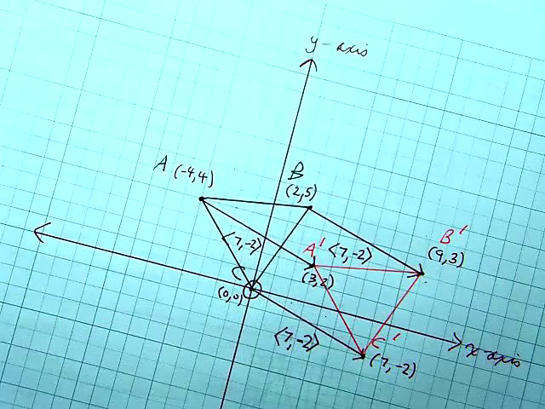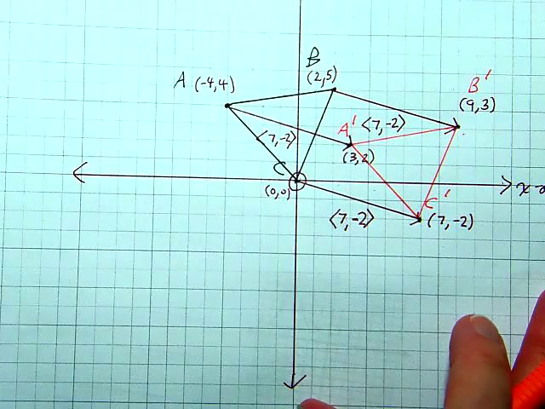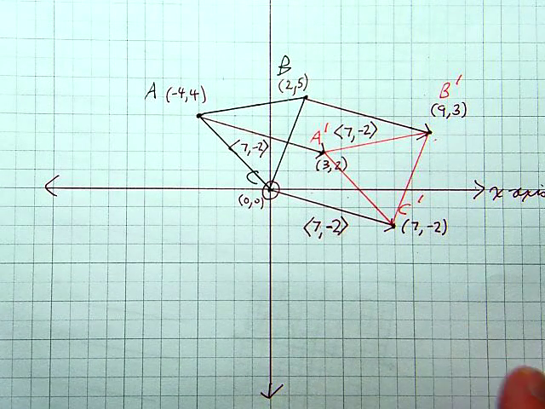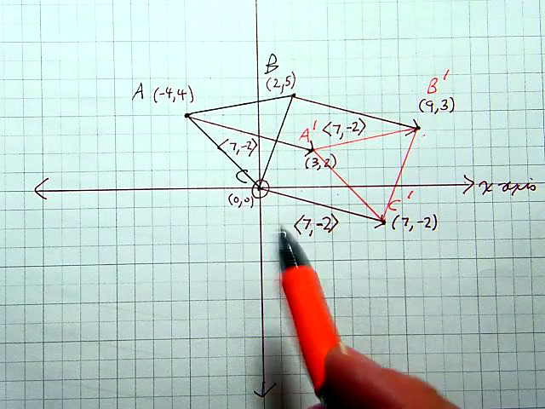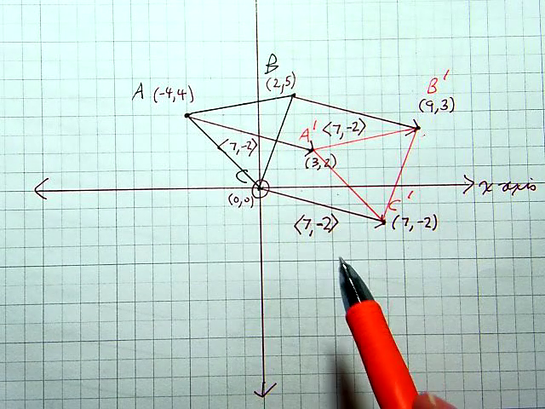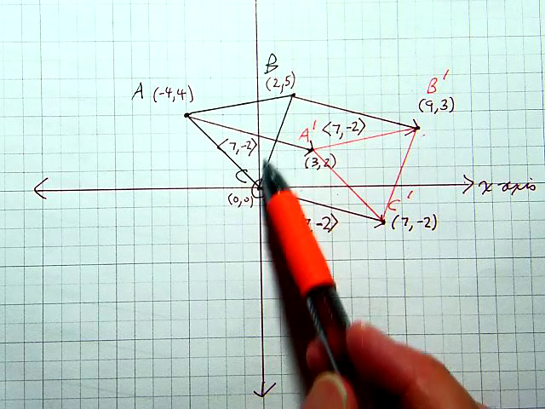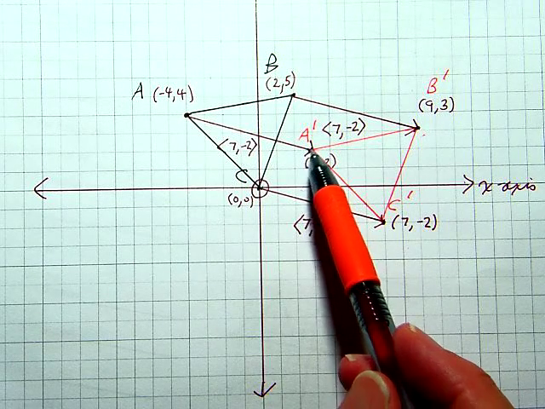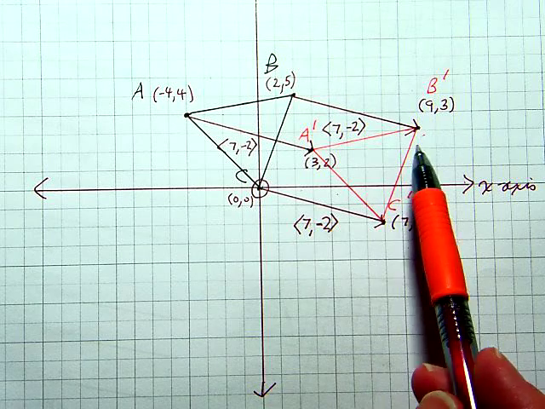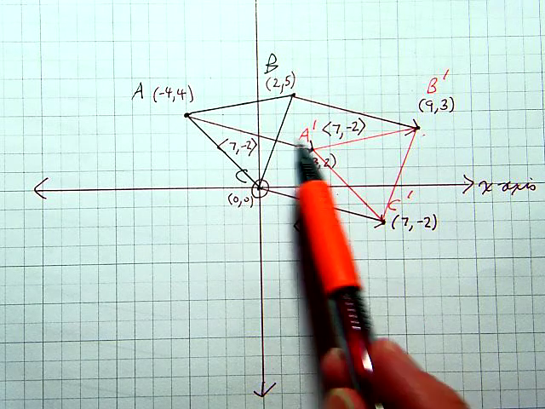Okay, so what we've got here is a triangle that was translated in the direction of the vector 7, negative 2. You'll notice that translation is an isometry, that triangle ABC is congruent to triangle A prime, B prime, C prime. They're the same shape, they're the same size, it is a rigid transformation.